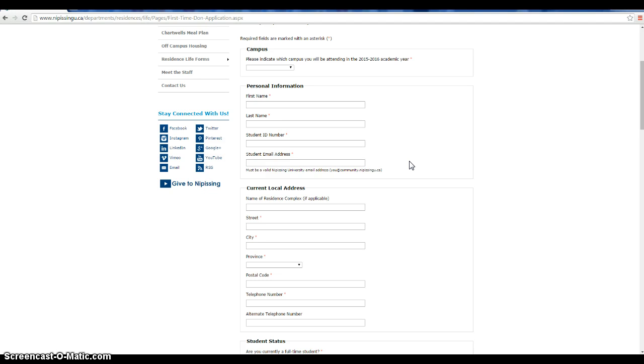Please do not include any private email provider such as Hotmail, Yahoo, Gmail, or whatever other email address you use. Please submit your community.nipissingu.ca email address.